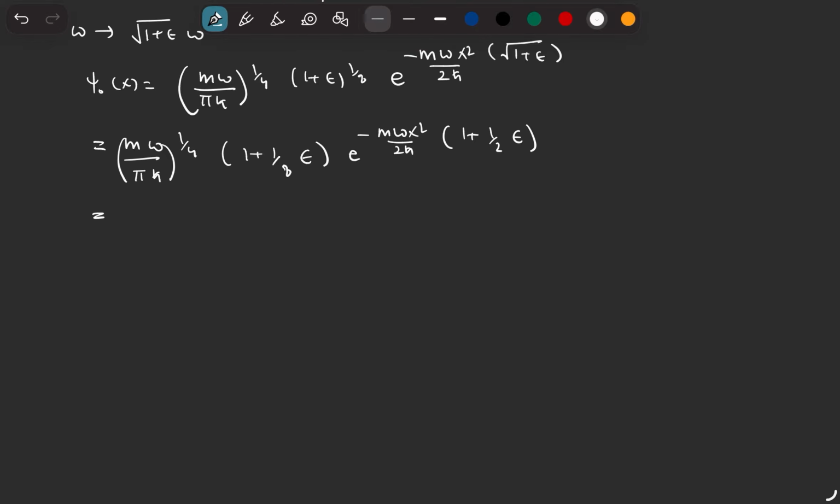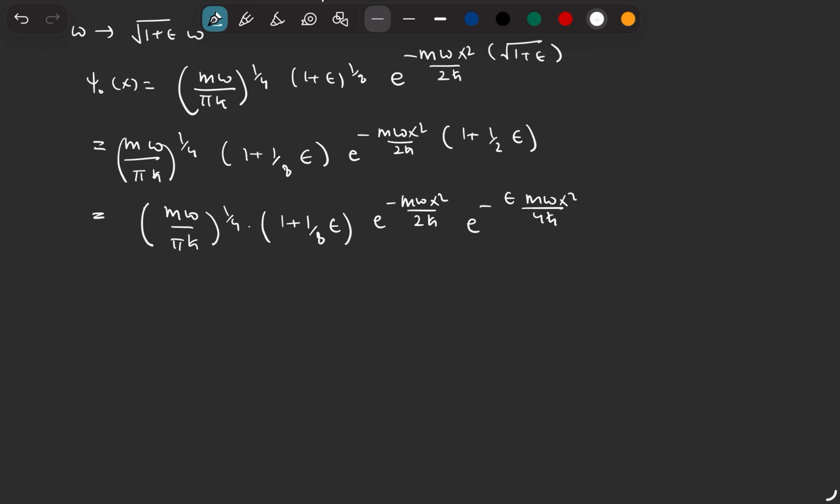That will be (m omega upon pi h bar) to the power 1 by 4, 1 plus 1 by 8 epsilon. There is the exponential of minus m omega x squared upon 2 h bar, and there is also minus epsilon m omega x squared upon 4 h bar. So this is good.